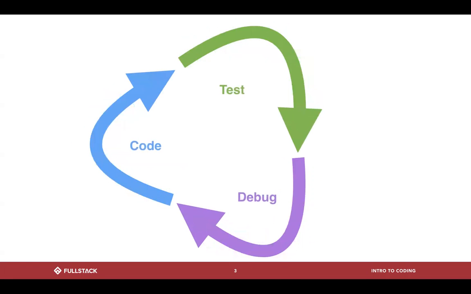The general process for a developer is to write code, to code something out, to test it, and then figure out, okay, what is not functioning properly here, and what needs some improving.